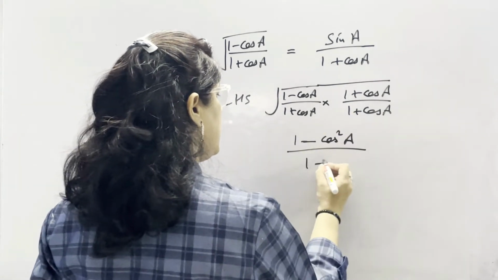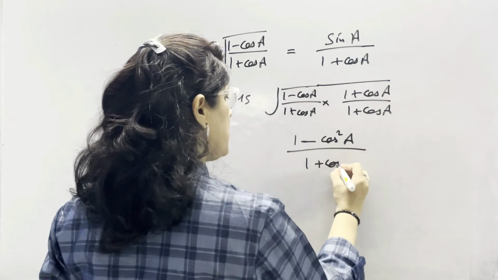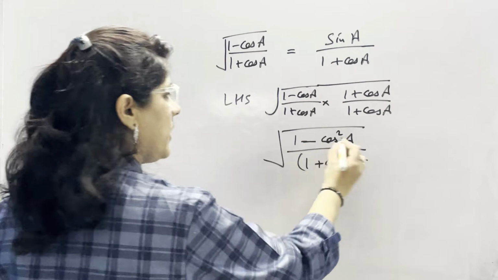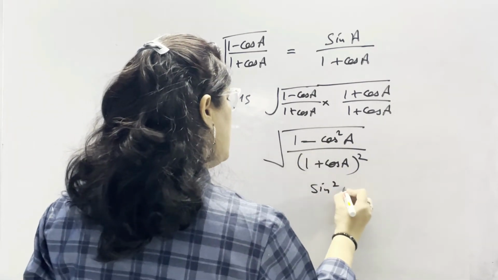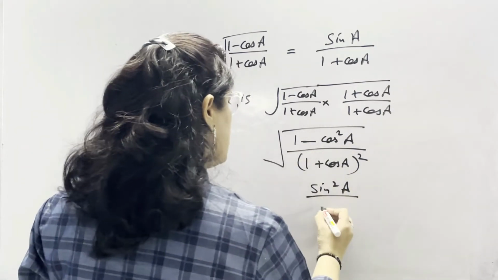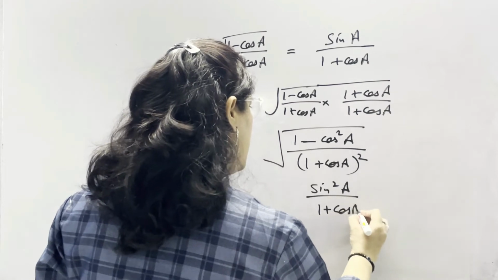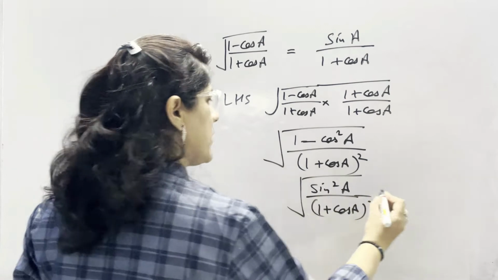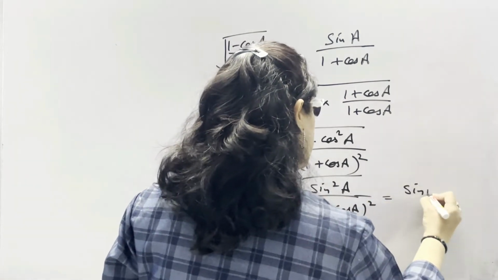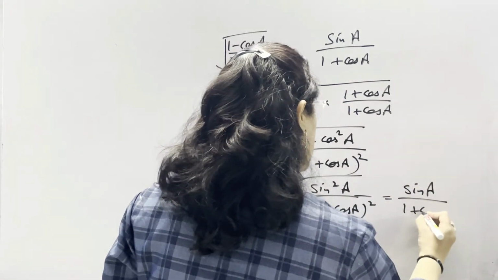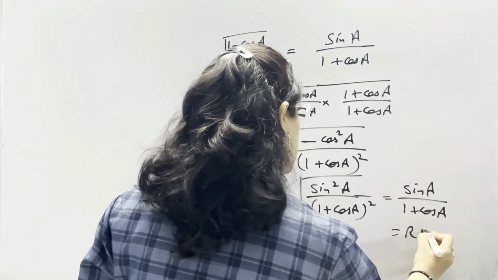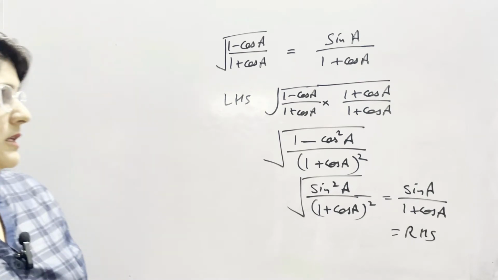And in the denominator, 1 plus cos A, 1 plus cos A, it means 1 plus cos A whole square under the root. Now 1 minus cos square A is equal to sin square A, and 1 plus cos A whole square under the root. Now under root and square both will cancel, then sin A upon 1 plus cos A is our right hand side. So LHS is equal to RHS.